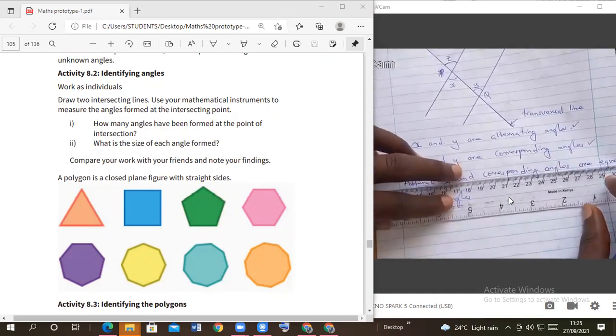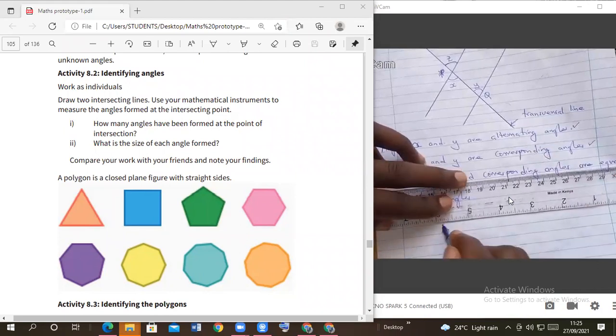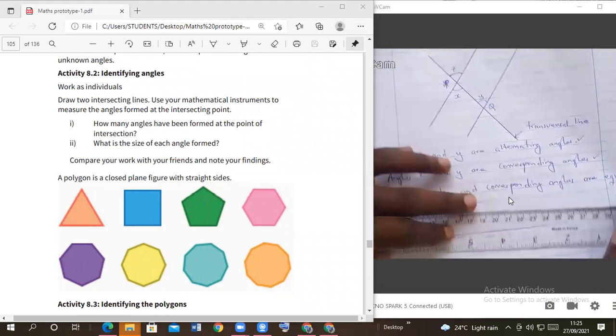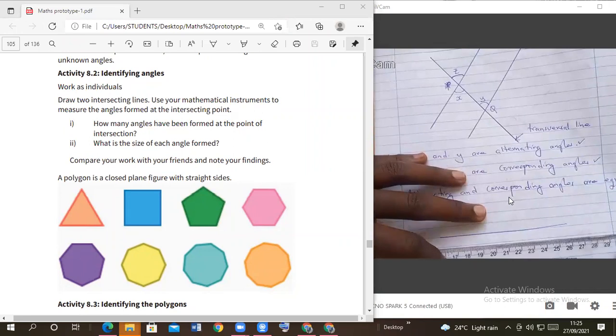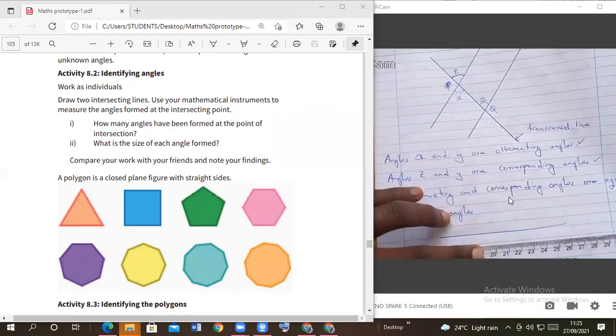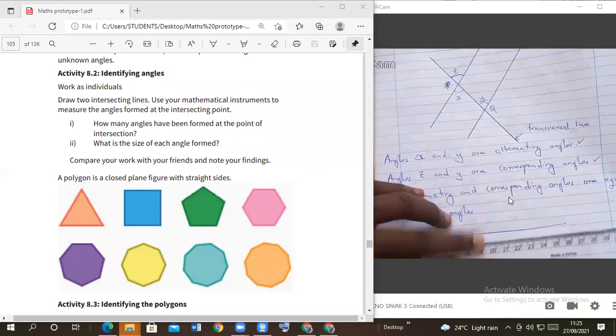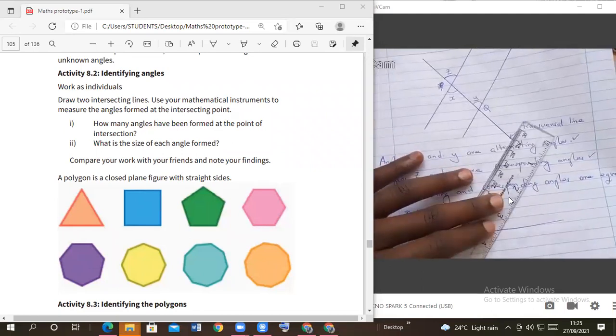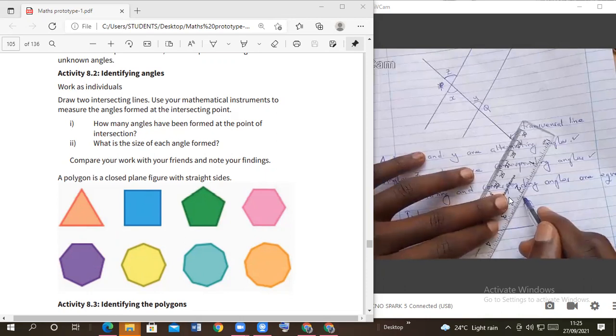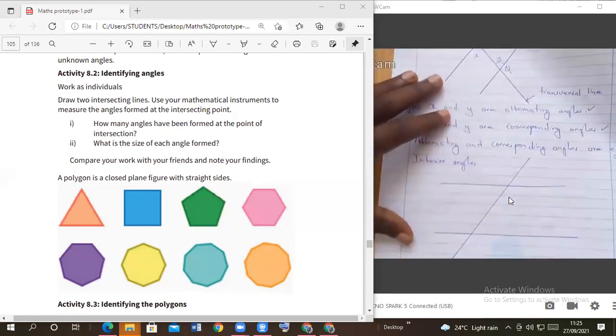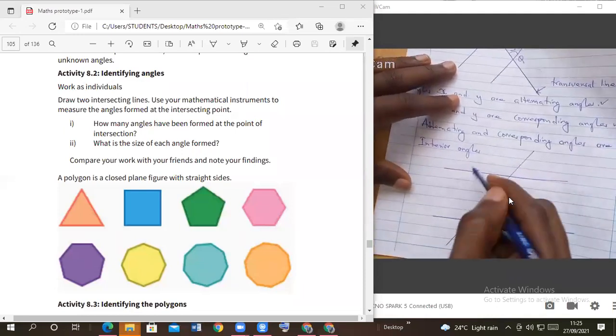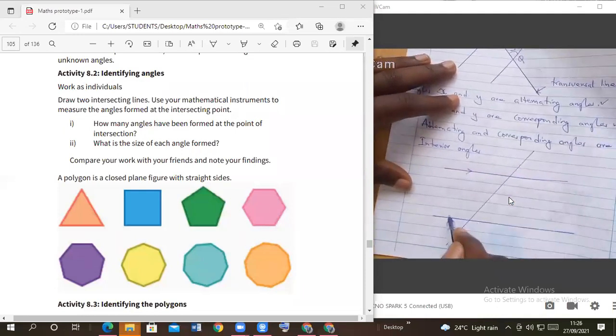If I have two parallel lines like this, then I draw a transversal line, the line which is cutting them across like this. These two lines are parallel.